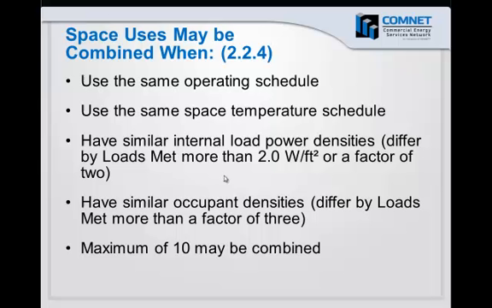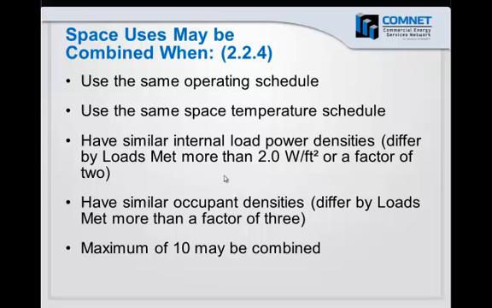When spaces are combined, there's basically 5 rules. They need to use the same operating schedule. They need to have the same temperature schedule, and they must have similar internal load or power densities. Internal load power densities would be the sum of the equipment loads and the lighting loads.